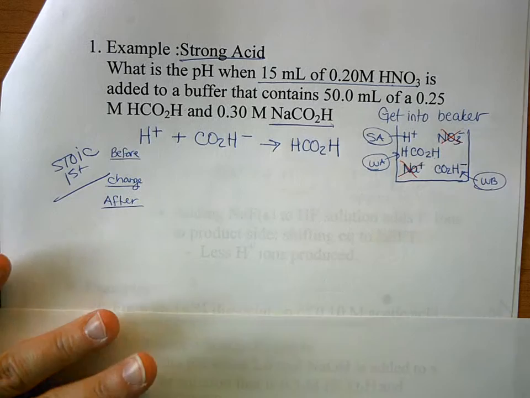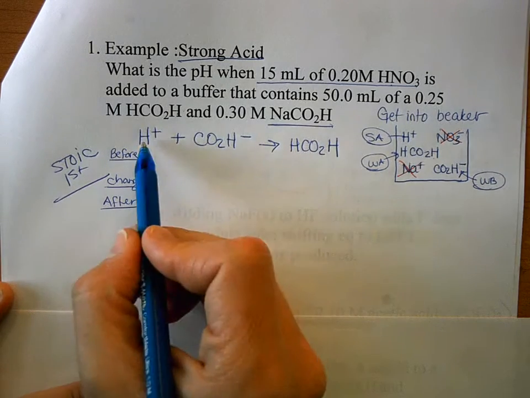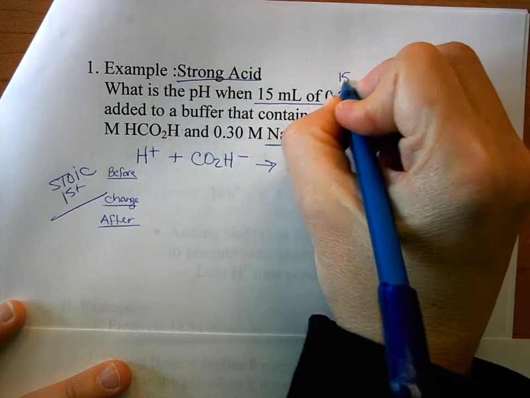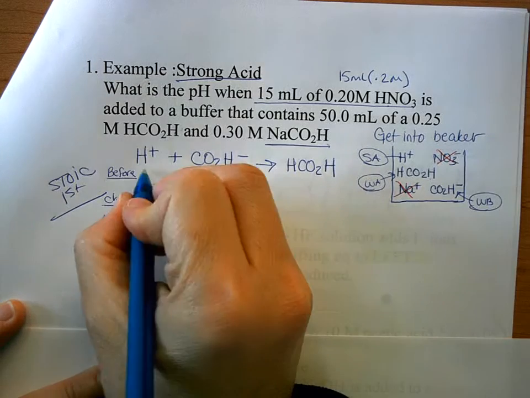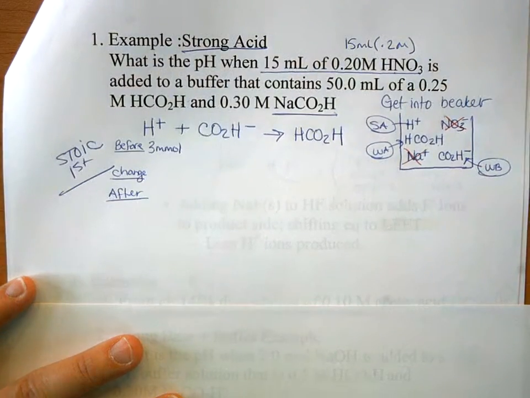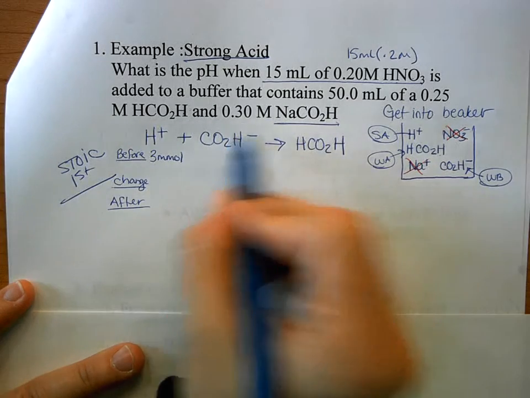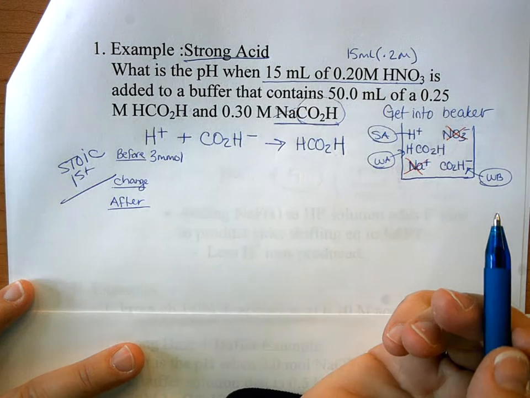And I'm going to go through and figure out how many millimoles I have of everything here. So for hydrogen ions, that comes from HNO3. So my 15 milliliters times 0.2 molar gives me 3 millimoles of hydrogen. For my CO2H minus ions, they come from this guy right here.